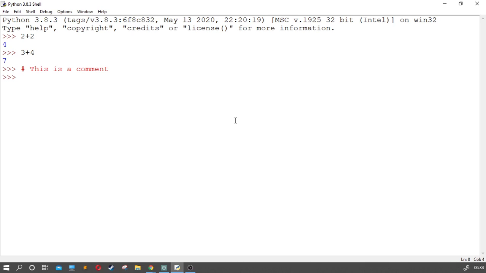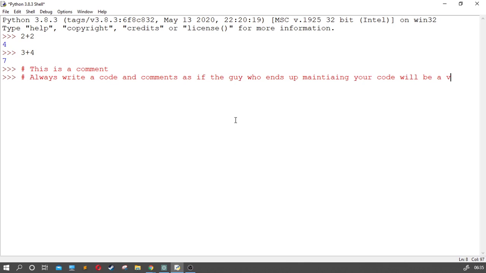Comments are used to make things simpler, to understand, and to write some descriptions about something which you're performing. There is a good saying in computer programming, I would say: always write code and comments as if the guy who ends up maintaining your code will be a violent sociopath.